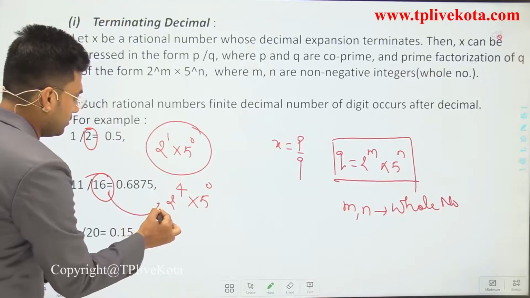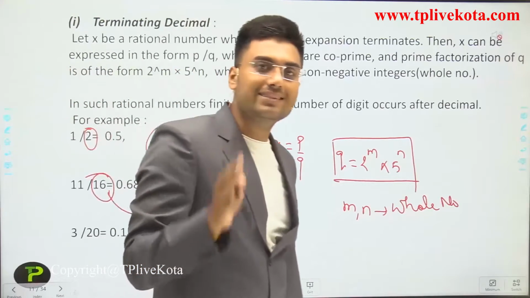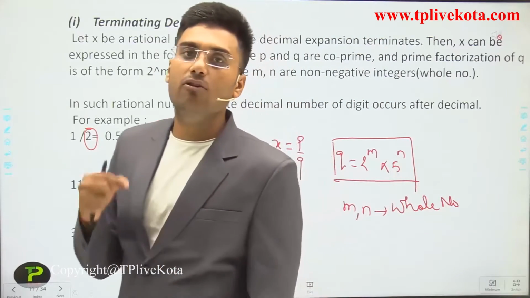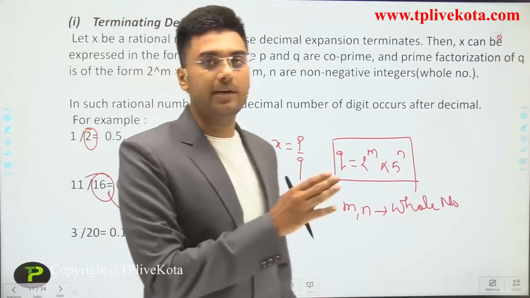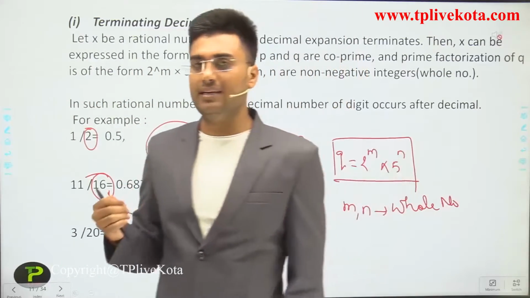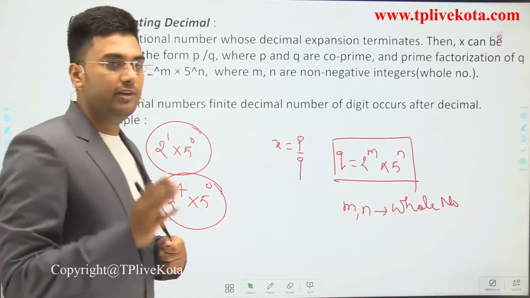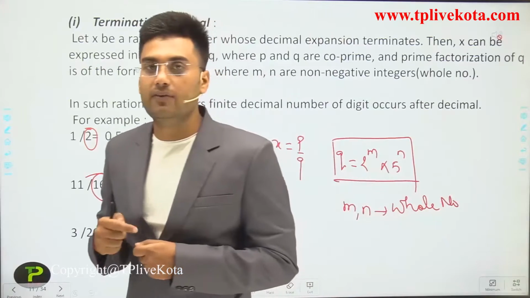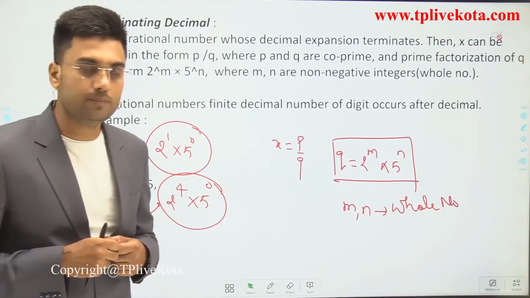So it is also a terminating decimal. For finding the exact decimal value of 11 by 16, we have to divide. But if you just want to check whether it is terminating or non-terminating but recurring, then just check the form of the denominator. If it is in the form of 2 power m multiplied by 5 power n, then it is a terminating decimal.